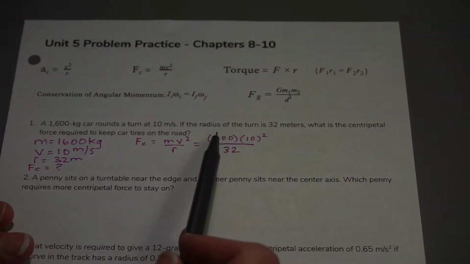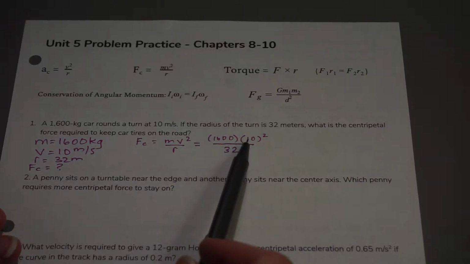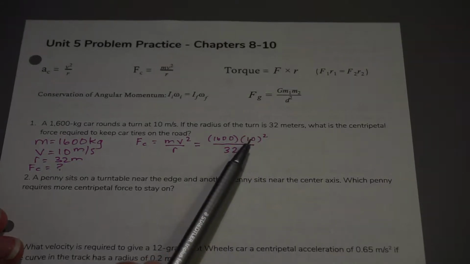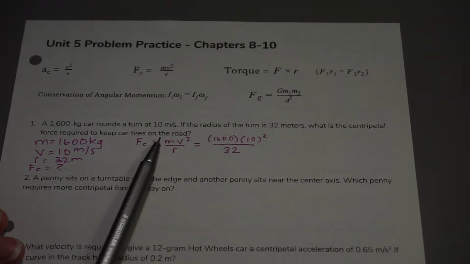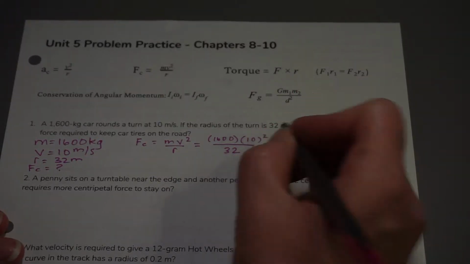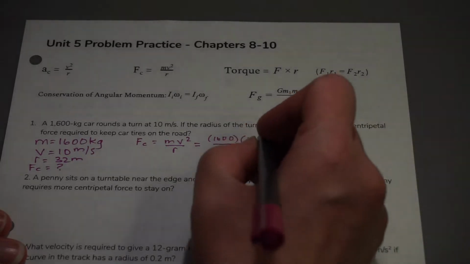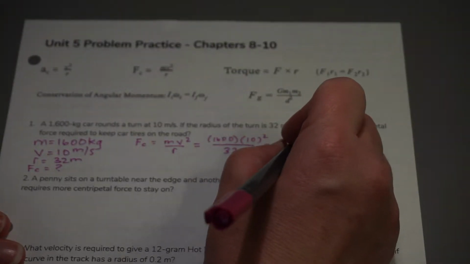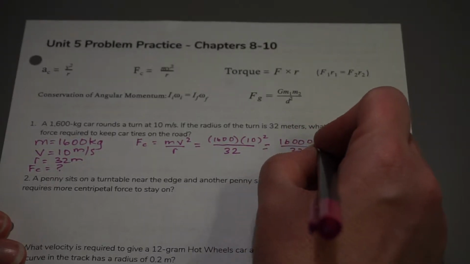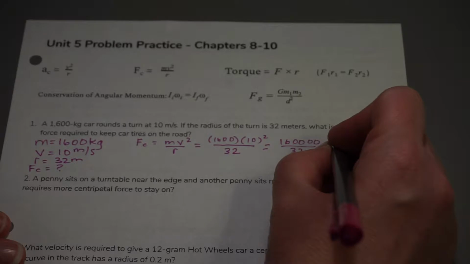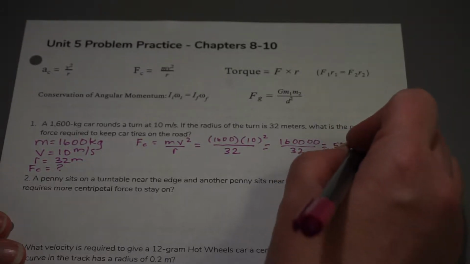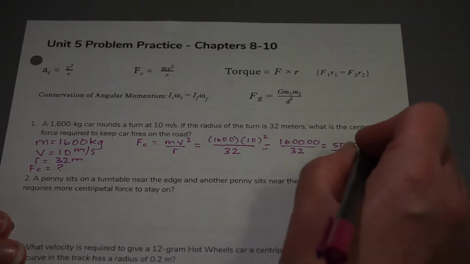I get a lot of questions about whether we should say 1,600 times 10 and take the square of the whole thing on top, and the answer is no. We just want to square the 10. It's not mv in parentheses squared, it's just v squared. If we do that, we get 160,000 divided by 32, which would be 5,000 newtons.